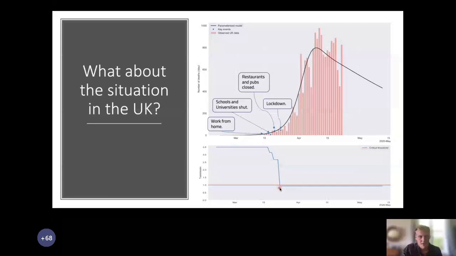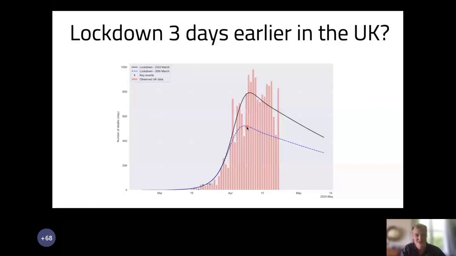So this is the earlier lockdown, and this is my model, by no means perfect, but we can see that actually it's a very different outlook, and it shows that the sensitivity to governmental policy is huge. This is maybe 2/3 of the amount of people that passed away, from just locking down maybe 3 days earlier, and then 3 days later you can imagine it'd be probably quite a lot more out of control.